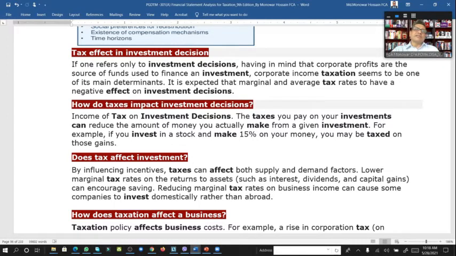If profit, then tax. The expectation is that marginal and average tax rates have a negative effect on investment decisions. Sometimes, even if there is no profit, tax has to be paid because of minimum tax. So how does tax impact investment decisions is the question.